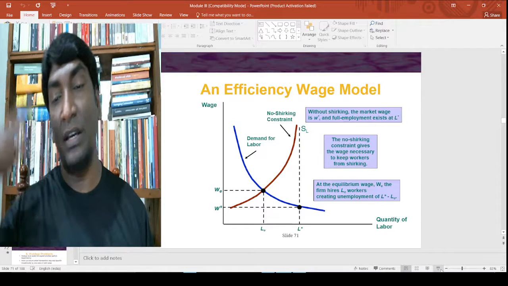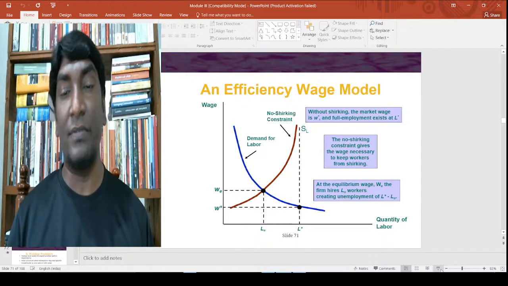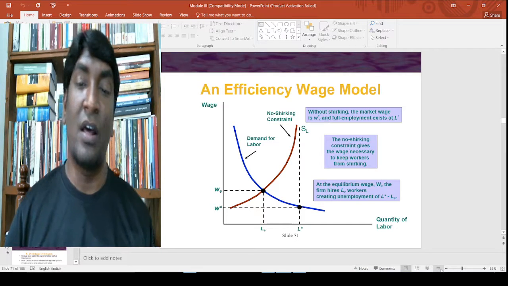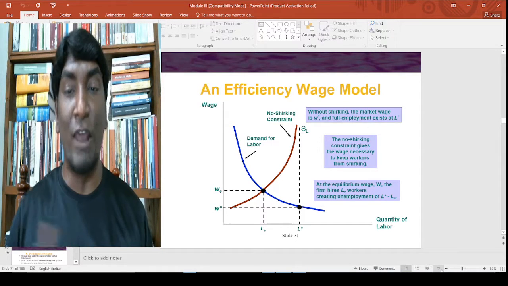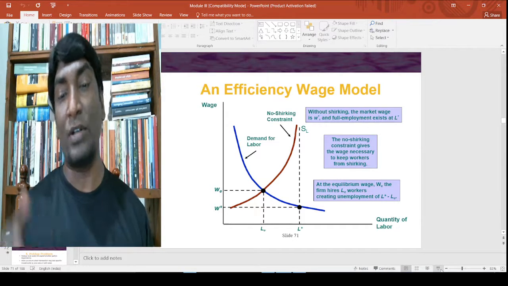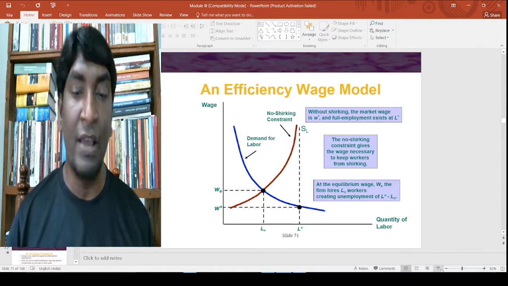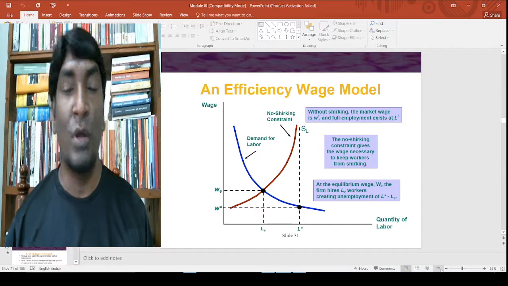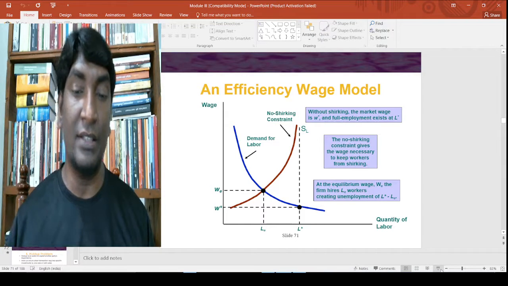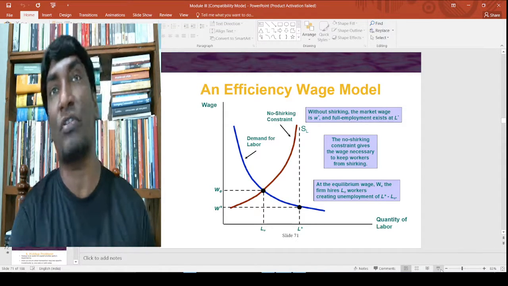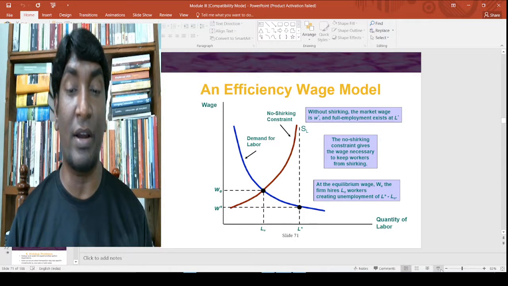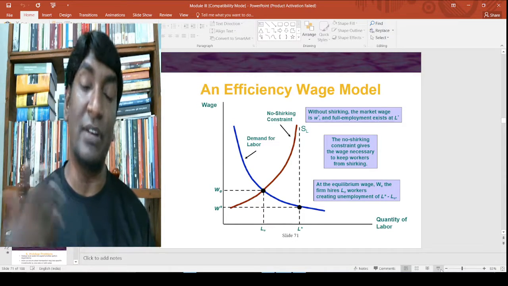Now, the earlier dashed SL curve is nothing but the fixed labor, which is the full employment labor. If you want full employment, then the wage will come down to a level where W star corresponds to L star. That is the complete exhaustion of labor from the labor market.